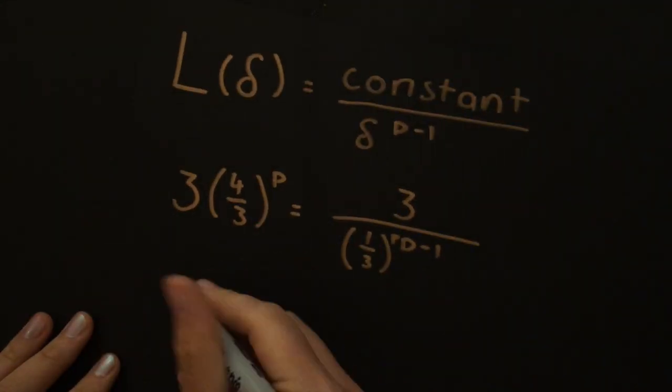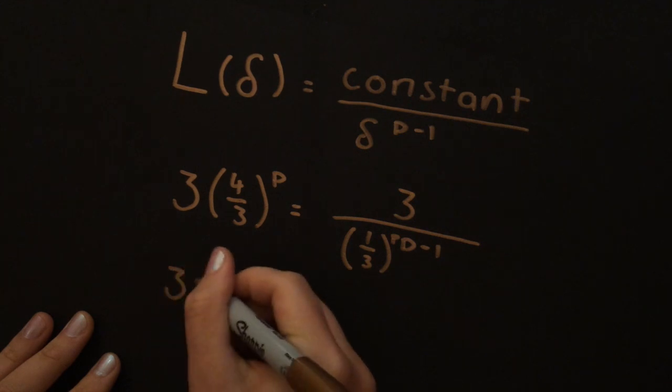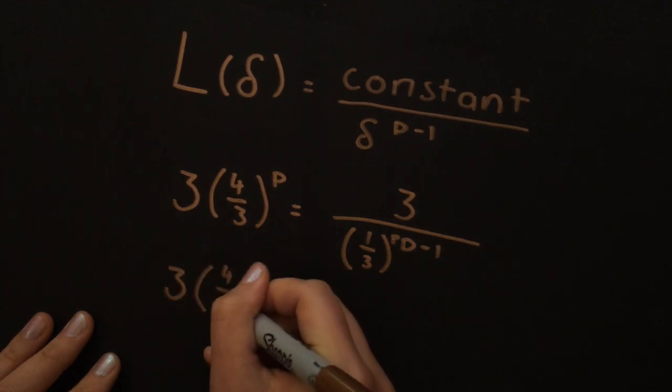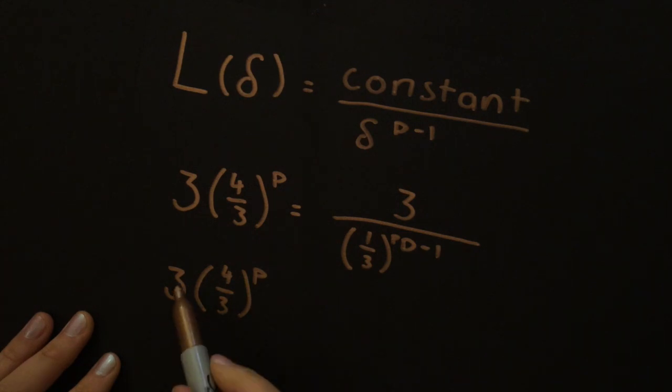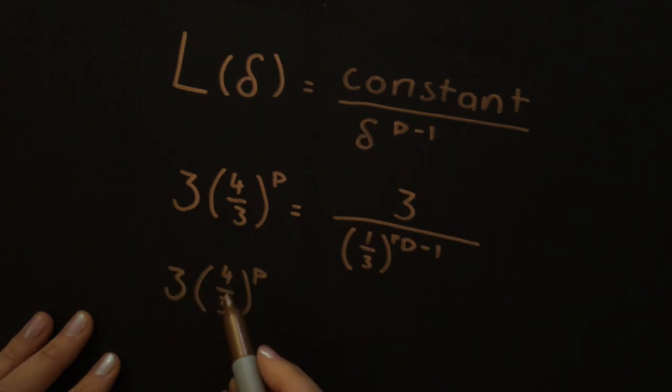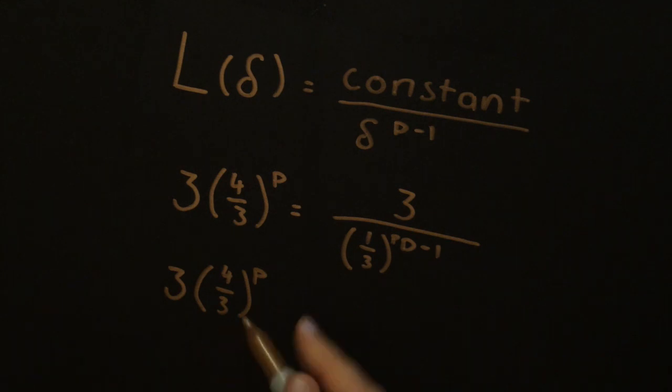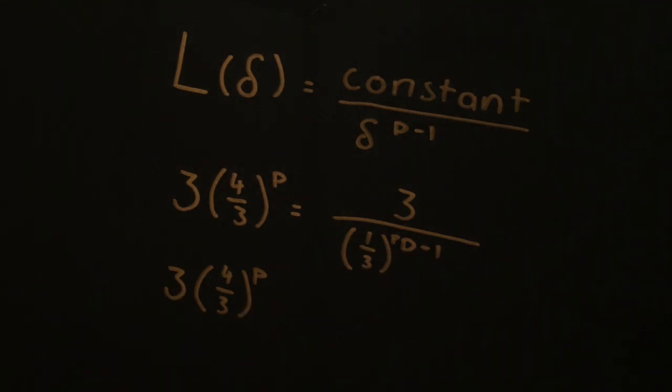Let's put in what we just learned there. So I'm going to have 3 times 4/3 to the power of p, and you might say to yourself, hey, why not turn this 3 times 4/3 into a 4 and just have 4 to the power of p? Well, my friend, BODMAS is the reason, and that is one of the several rookie errors which I made whilst trying to calculate this.